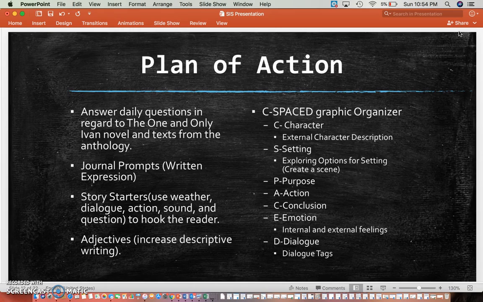We practiced story starters, specifically how they can use weather, dialogue, action, sound, and question to hook their reader. I also felt it was important that the students understood how to write descriptively. I wanted them to understand how adjectives can be used in their writing.